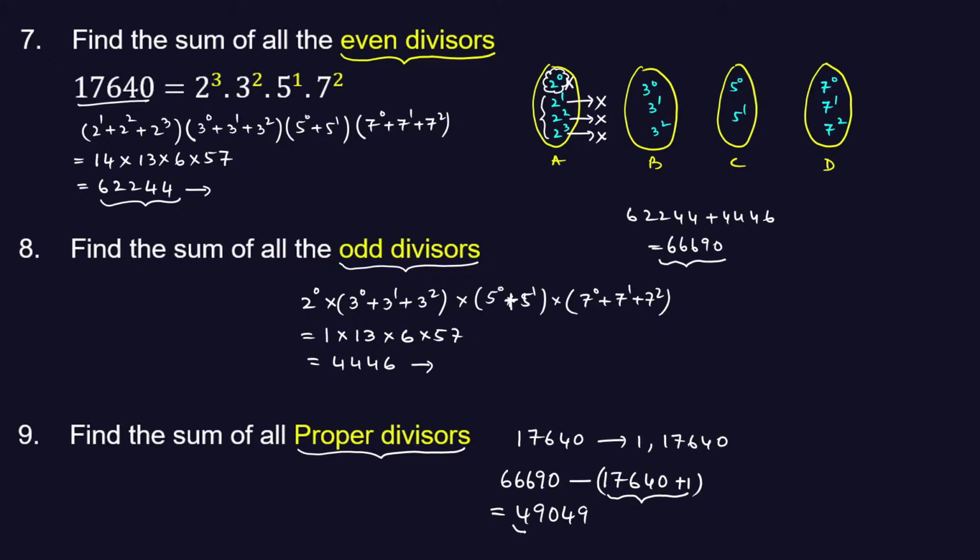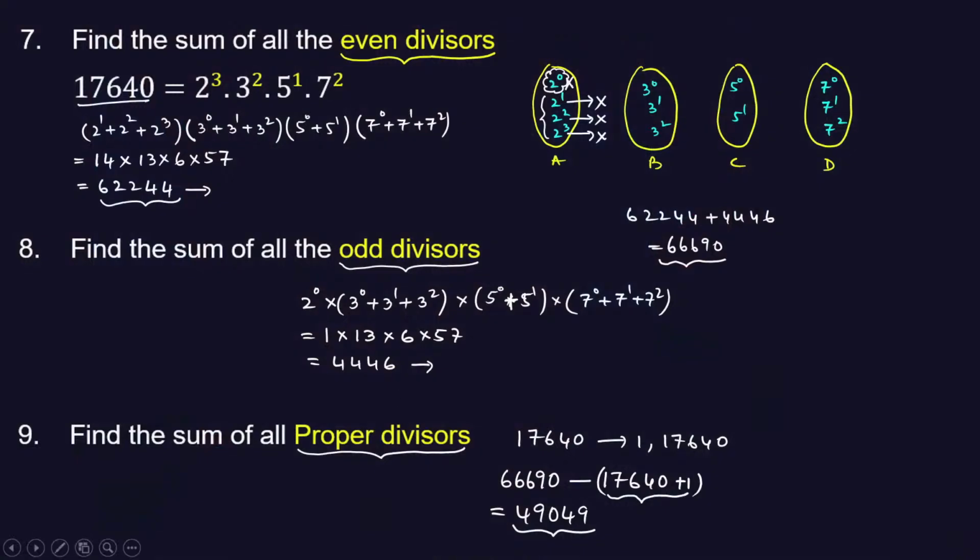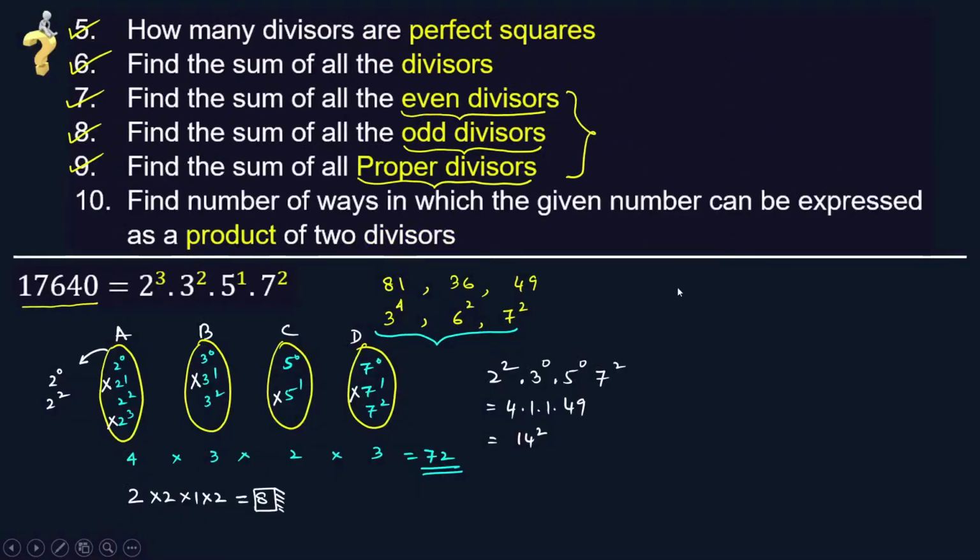So this is the sum of all the proper divisors. To understand proper divisors, we must know what improper divisors are. Improper divisors are 1 and the number itself. So from the sum of all the divisors, if we simply subtract the number itself and 1, we get the sum of all the proper divisors. That's exactly what we have done here. Is it clear? Okay, so now this part is over.